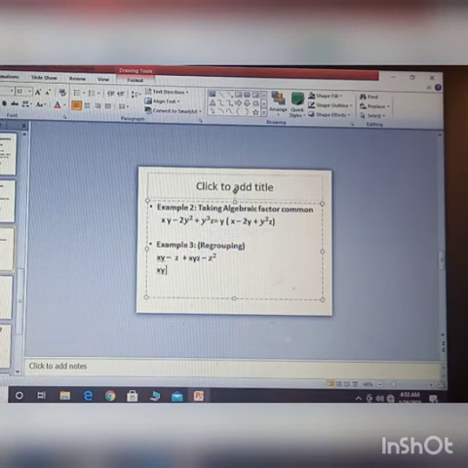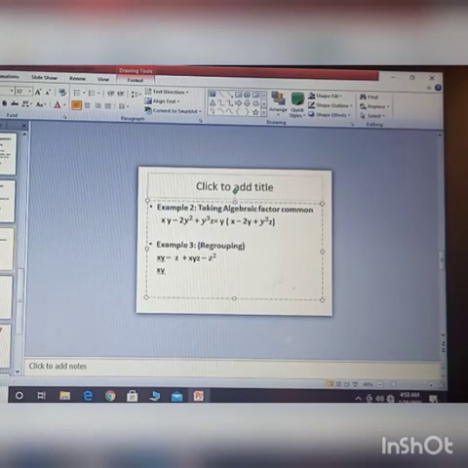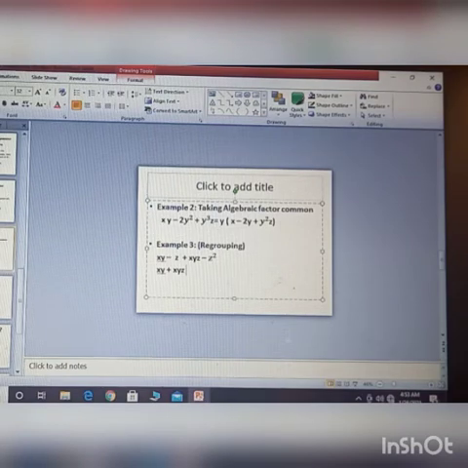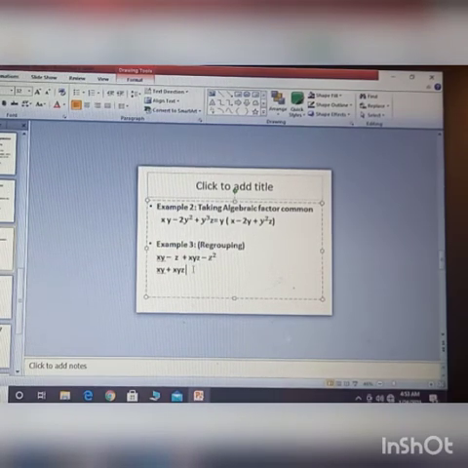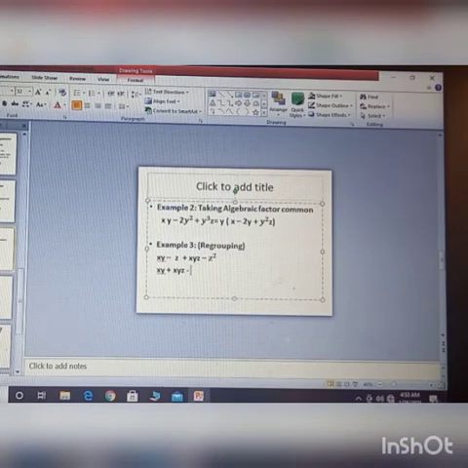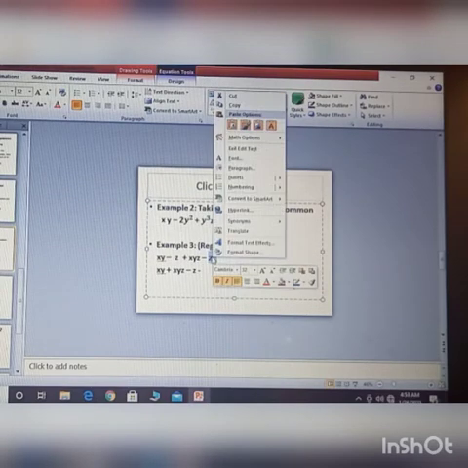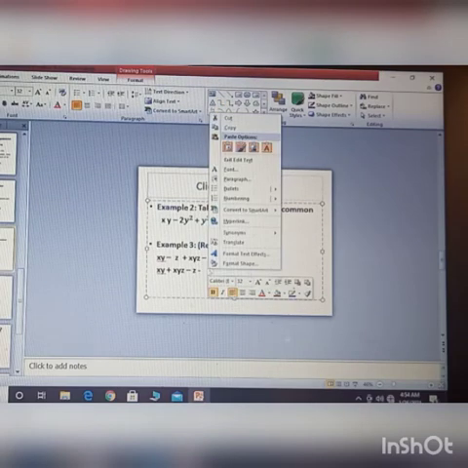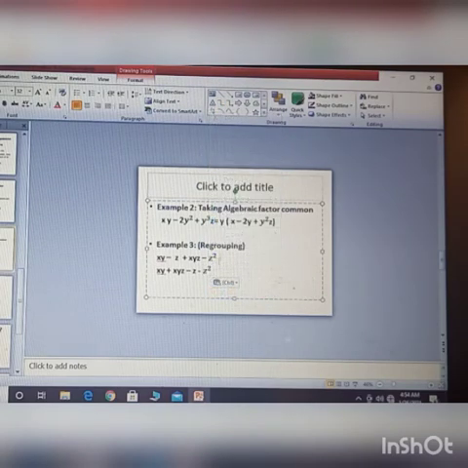So I am writing xy plus xyz. Yes, I have grouped the first and third term together, and then minus z minus z square. Let me copy paste it here. So in that way we will regroup the terms.